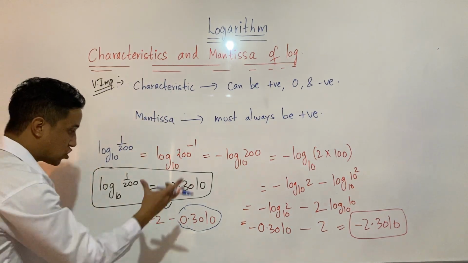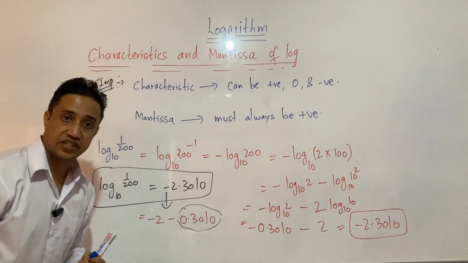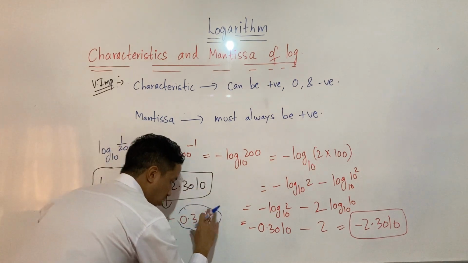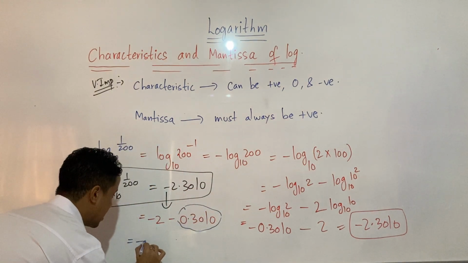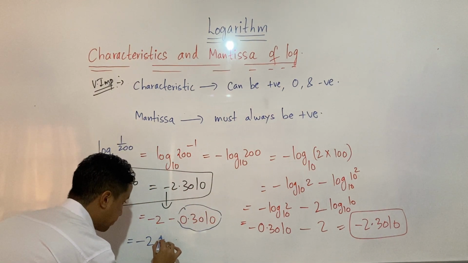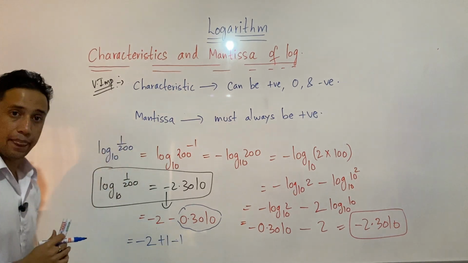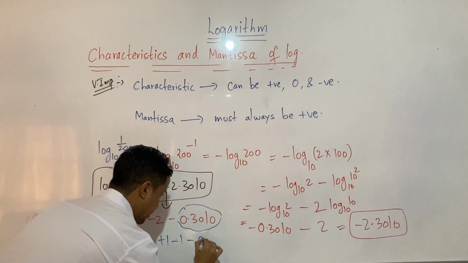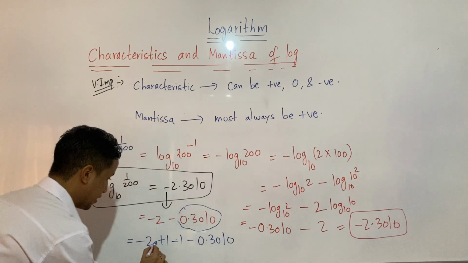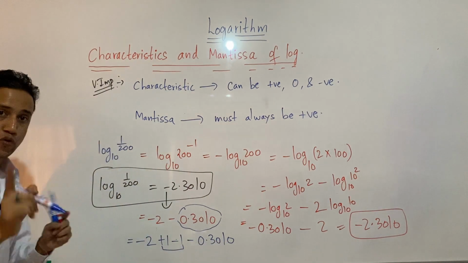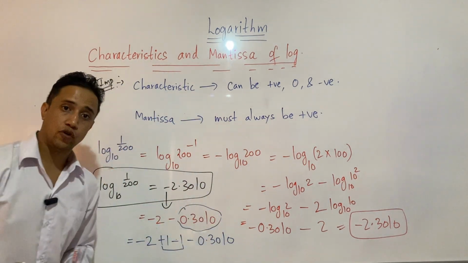So we have to make the mantissa positive, and to do that I will just add and subtract 1. Here, minus 0.3010; I added and subtracted 1 to make this value positive.